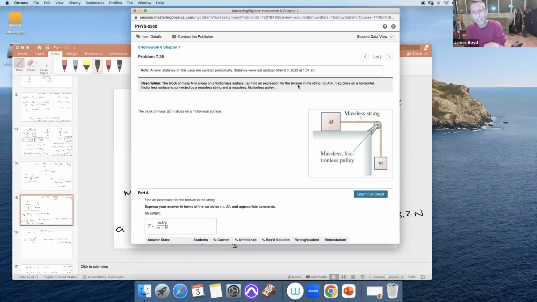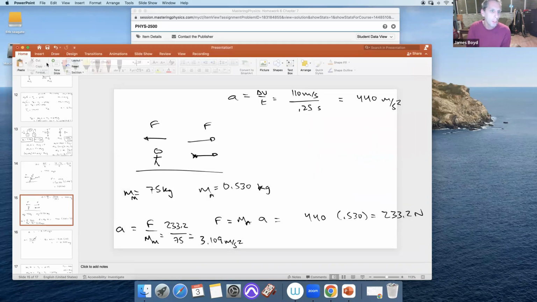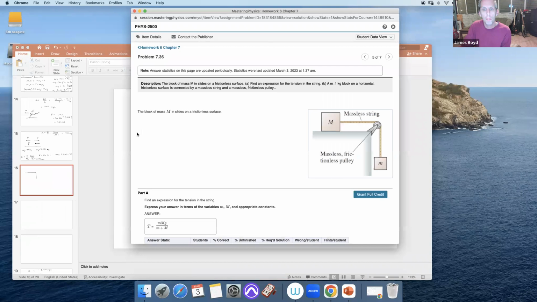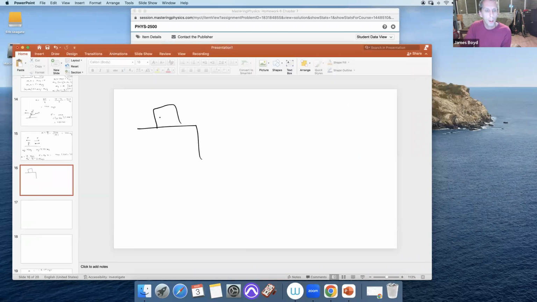Okay, so these last three are not too bad. Frictionless surface. We have two masses, and we're going to call them big M and little m. Now the free body diagram for big M, no friction.